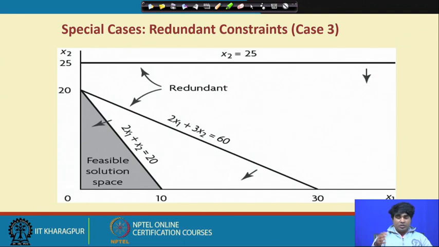It may happen sometimes as per the particular requirement. So, out of 3 constraints, 2 constraints are satisfying the case, and as a result you may be in a position to get the optimum solution.